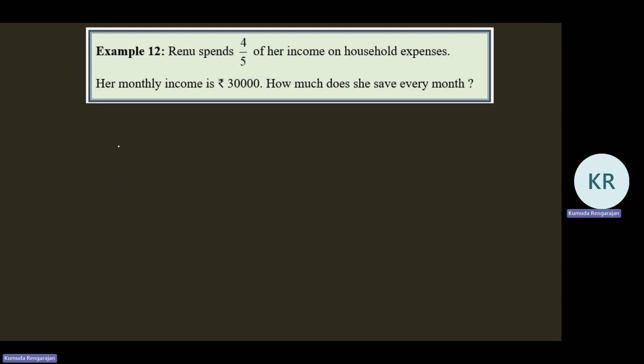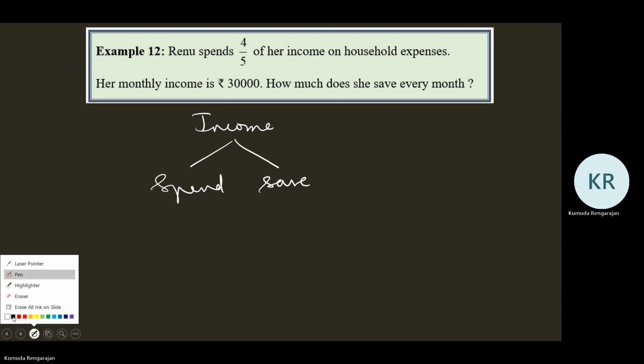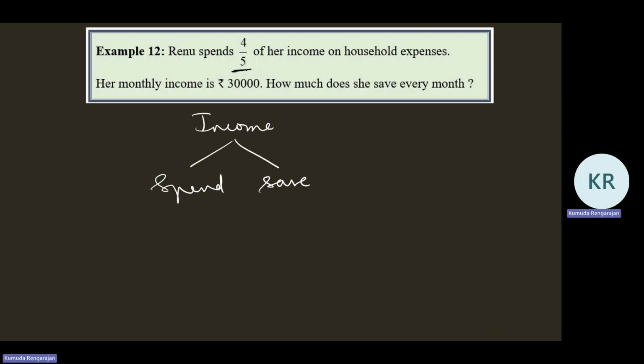You should ask me, what is the problem there? The total is income, right? This is the total money you have. Now from the income, Satakshi, are you listening? From income, you spend and you save. Now, it's given that you spend 4 by 5. See here, it's given: Renu spends 4 by 5 of her income on household expenses.